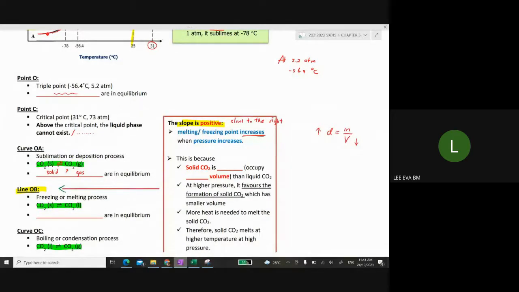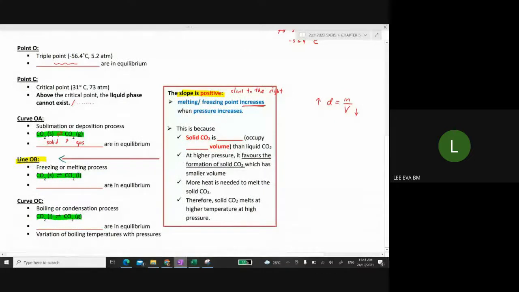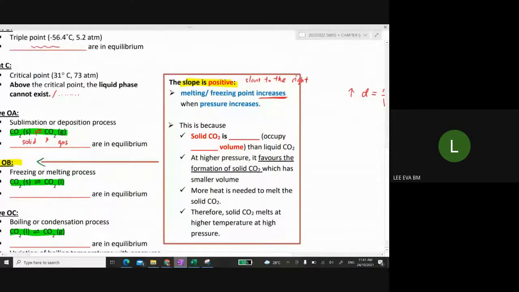So we say the density is higher because the volume is smaller. The reason why you have a positive slope over here is because your solid carbon dioxide is denser, and at the same time it occupies a smaller volume compared to your liquid carbon dioxide.